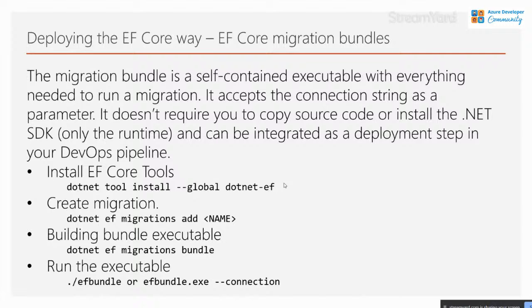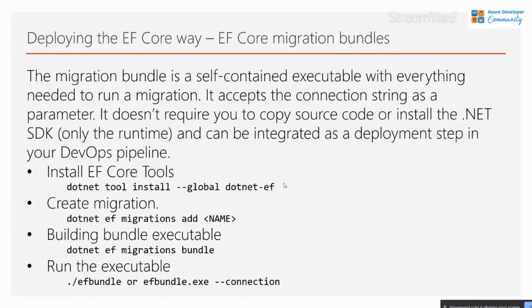So it can be executed on both Linux or Windows agents. The first two steps are the same. You need to install the .NET EF tool, and create the migration.